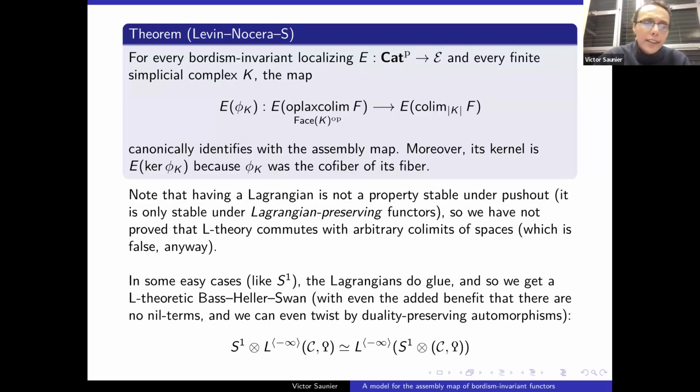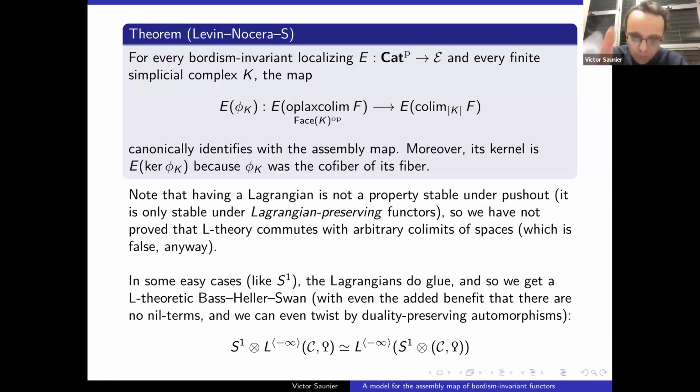If I want to check this Bass-Heller-Swan thing in the Poincare case, I still have to prove to you that if I start with k and S1, find a finite simplicial complex that models S1, all of those Lagrangians that I've described do glue to one another.